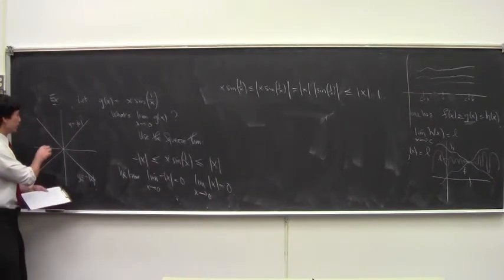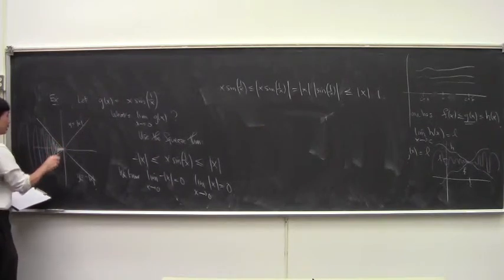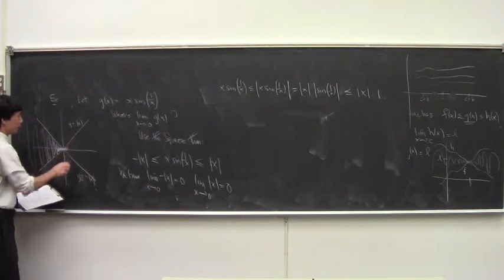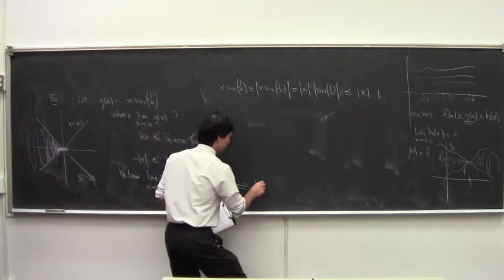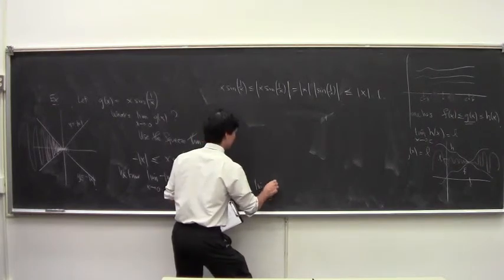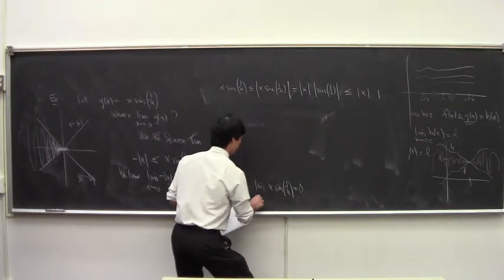So our crazy-looking function is trapped between these things no matter how crazy it is, and so its limit is also 0. So the limit of the guy in the middle, x sine 1 over x, is also 0.